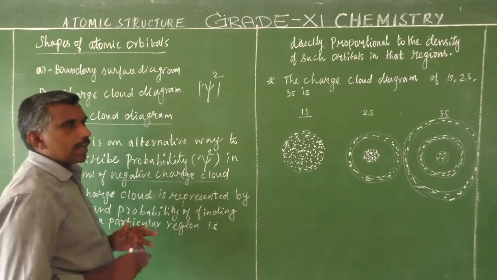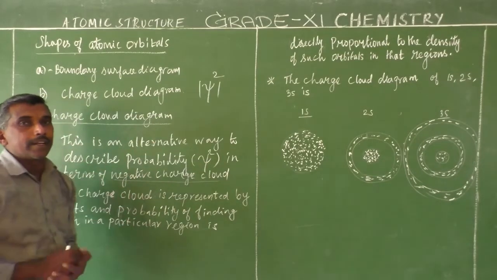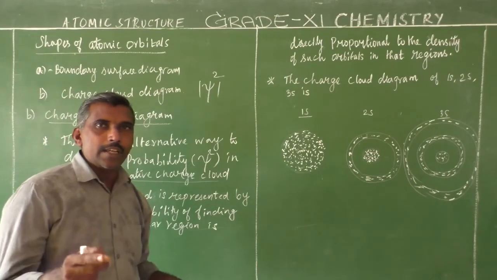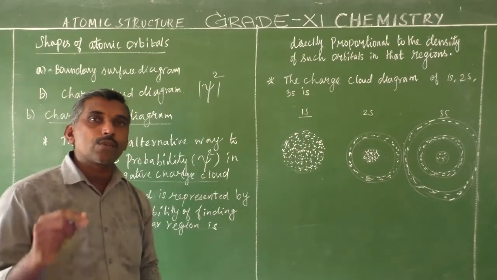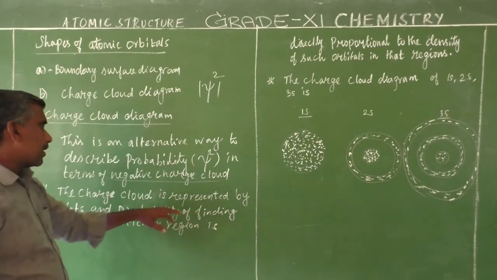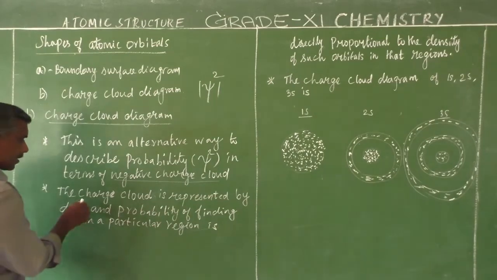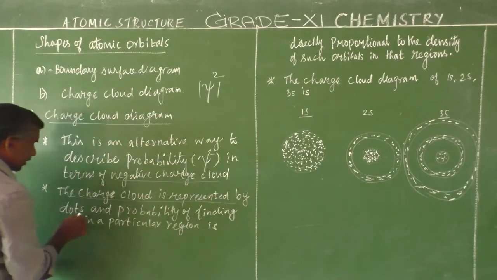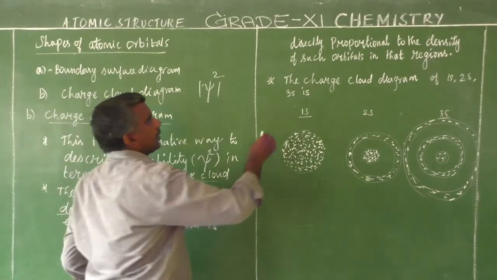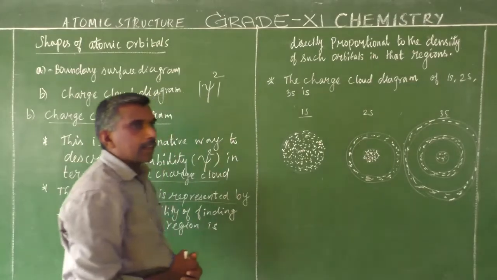That is the negative charge cloud, how it is expanded, which area the electron cloud is present in, and which area it is absent in. That is the node. Now you will see that the charge cloud is represented by dots. The probability of finding an electron in a particular region is directly proportional to the density of the electron.